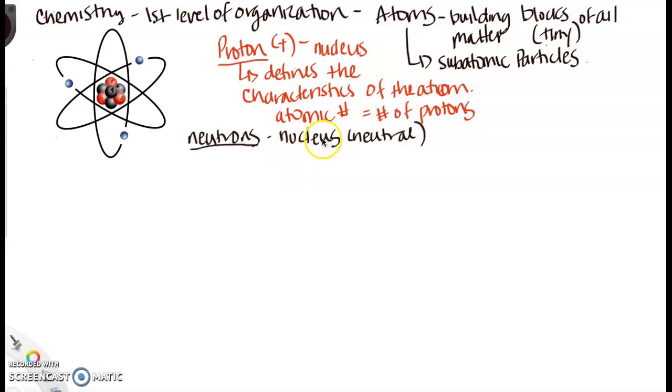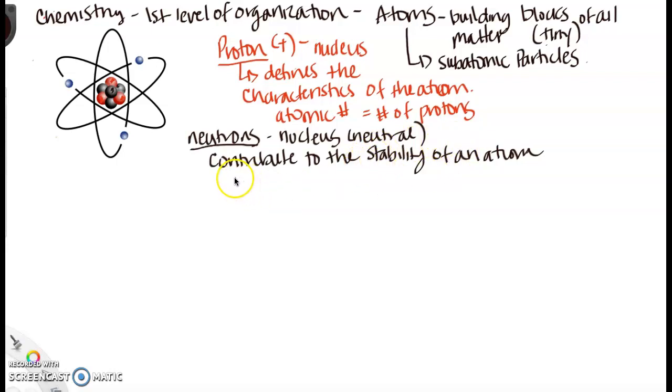But that's not always the case. They can be different. Okay? Neutrons contribute to the stability of an atom. And when they're equal to protons, that's the most stable condition. If there are a different number of neutrons than protons, that makes the atom less stable. And these atoms are called isotopes.